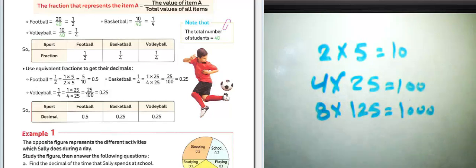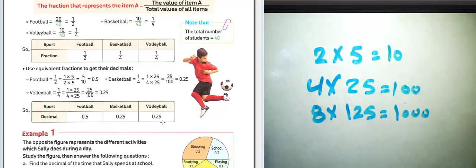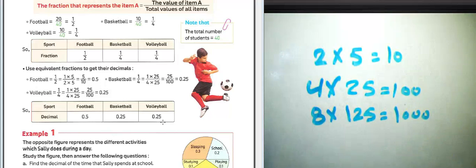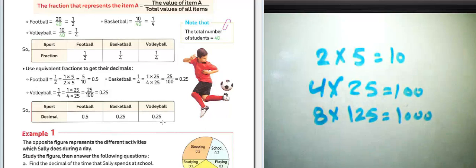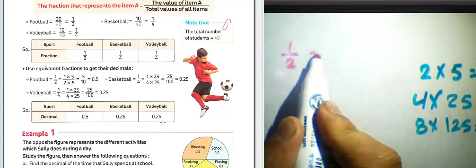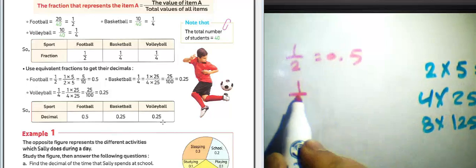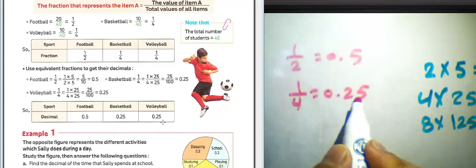So in this example, half converts to 0.5 and a fourth converts to 25 hundredths. If you have 3 over 4, you can multiply numerator and denominator by 25 to convert. Look here about the conversion: 1 over 2 equals 0.5 and 1 over 4 converts to 0.25.